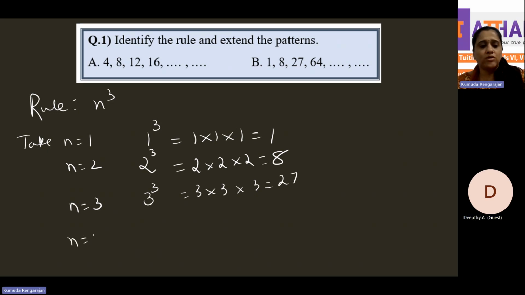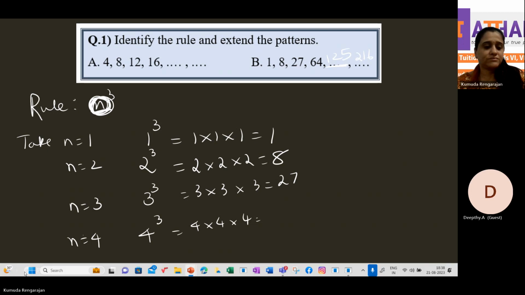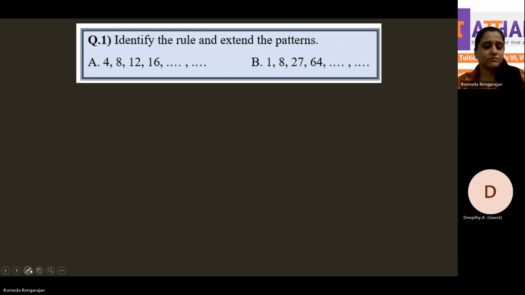Nice. When you take n as 4, n cubed, 4 cubed, 4 into 4 into 4, 64. So the next will be 5 into 5 into 5, which is 125, and 6 into 6 into 6, which is 216. It'll be 125 and 216. All right.